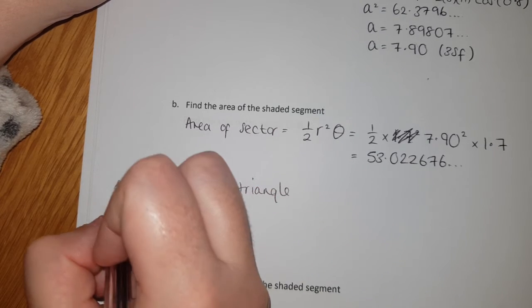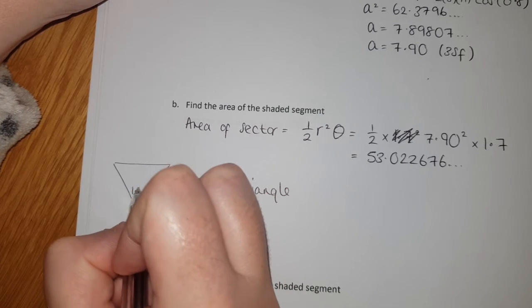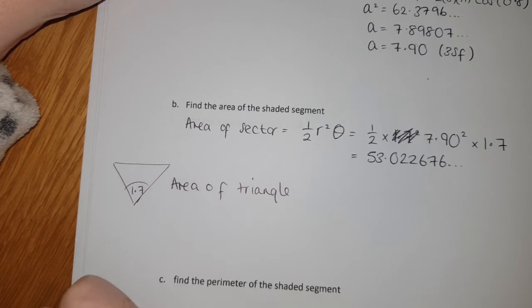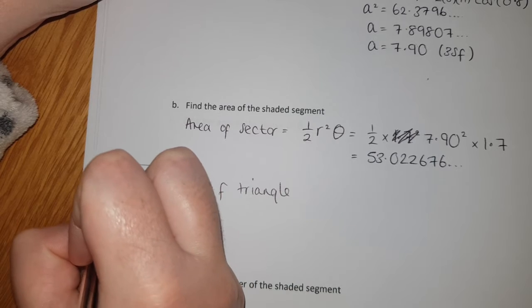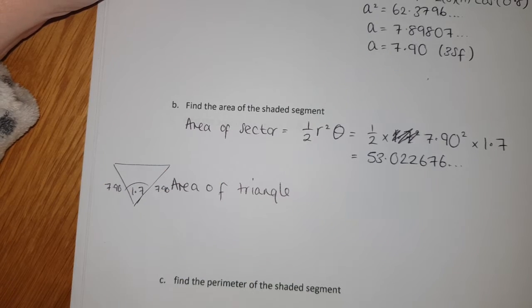So I've got the area of the sector, I just need the area of the triangle. So remember, for the triangle, what you've ended up with is 1.7 as the radians, and I've got that length there is 7.90, so that length there's also 7.90.